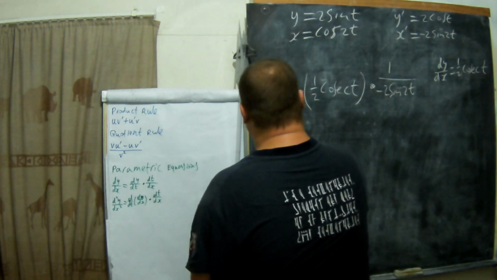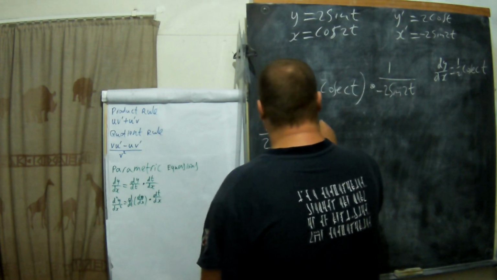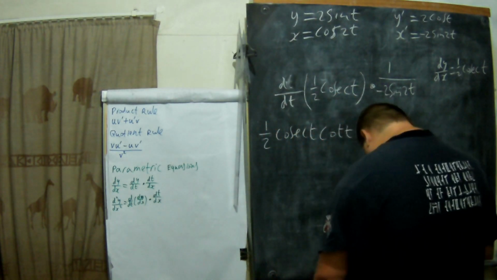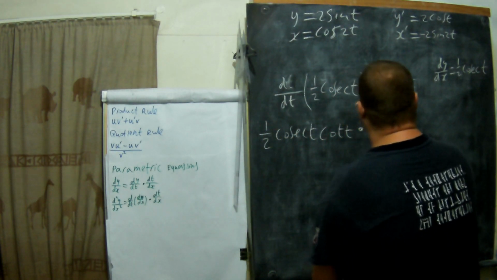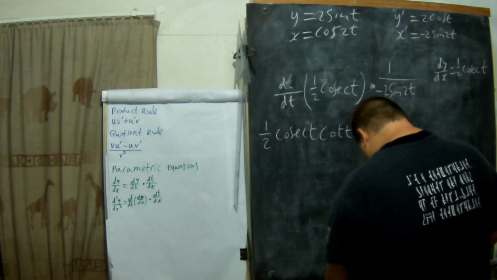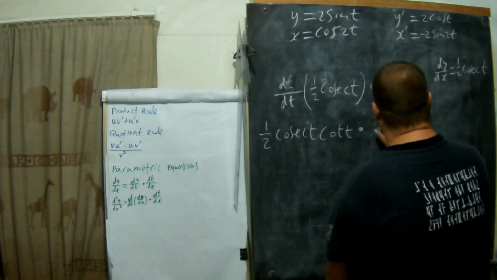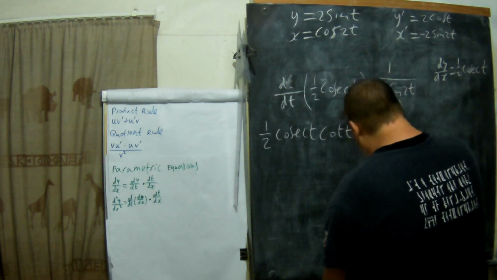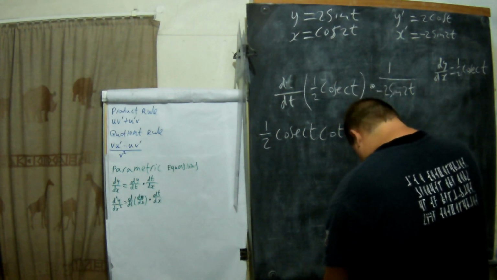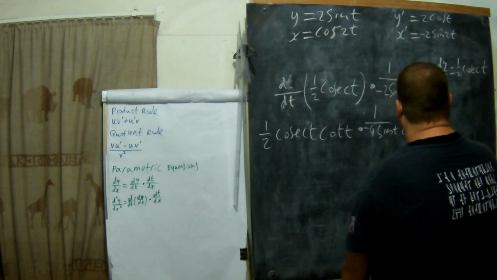The derivative of a half cosec t is minus a half cosec t cot t, multiplied by, now we're going to take our little sum and convert it. So this will be 1 over minus 4 sine t cos t.